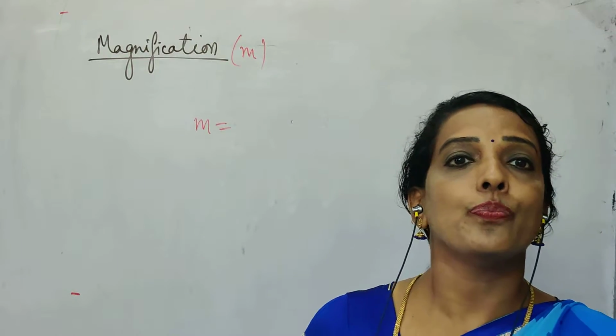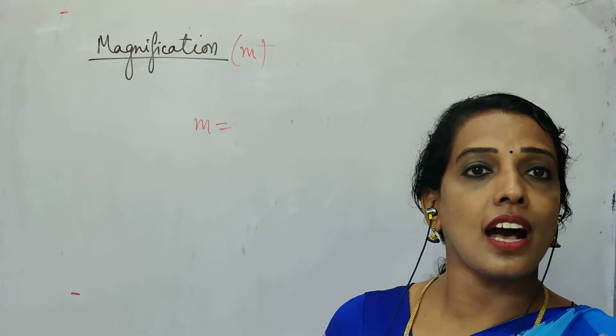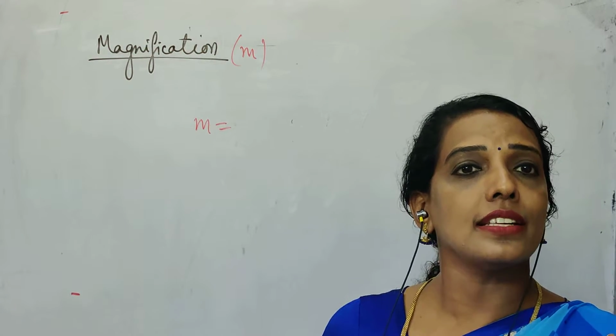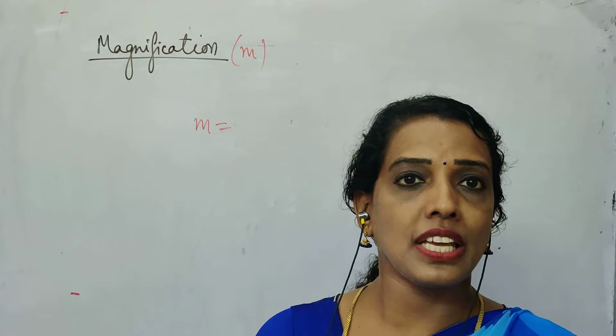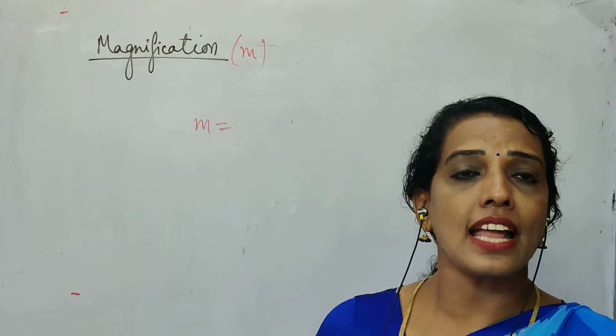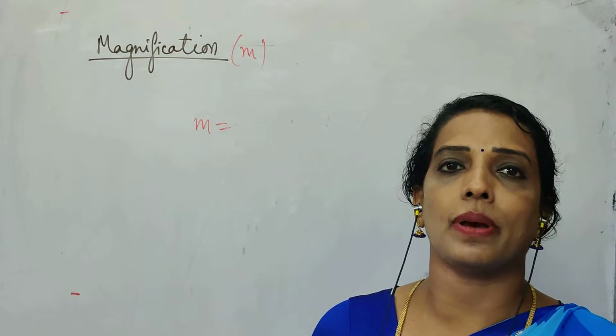So we have the height of the object, and h dash is the height of the image given by the lens.